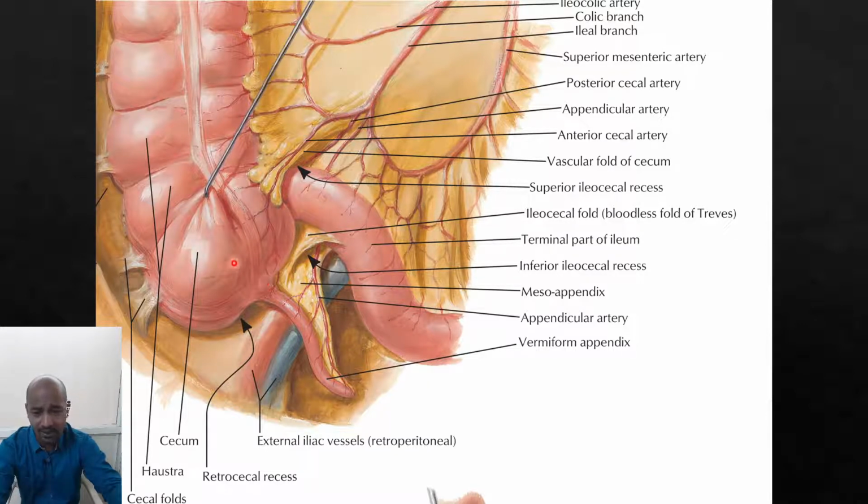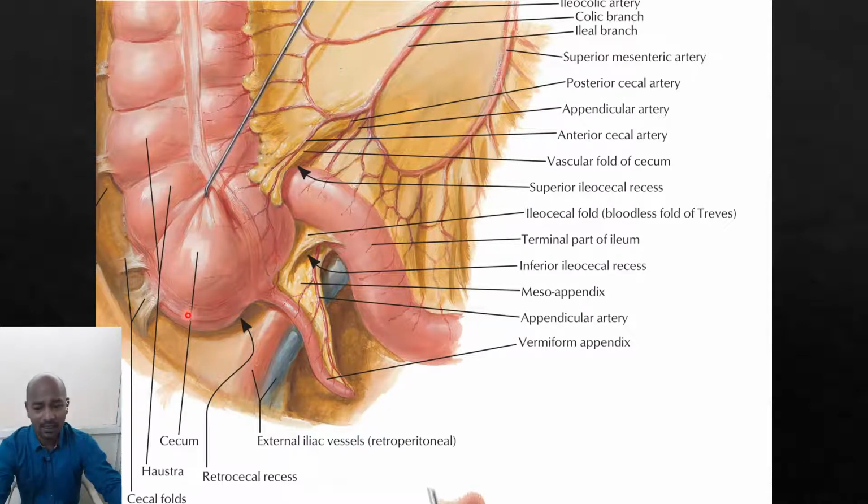These three tinea, three bands of smooth muscle, are concentrated from the external layer of the muscularis externa, which is a longitudinal layer that forms three bands. These are called tinea coli. These are specific to the large intestine, and where they come together is the point where the base of the appendix is usually located.